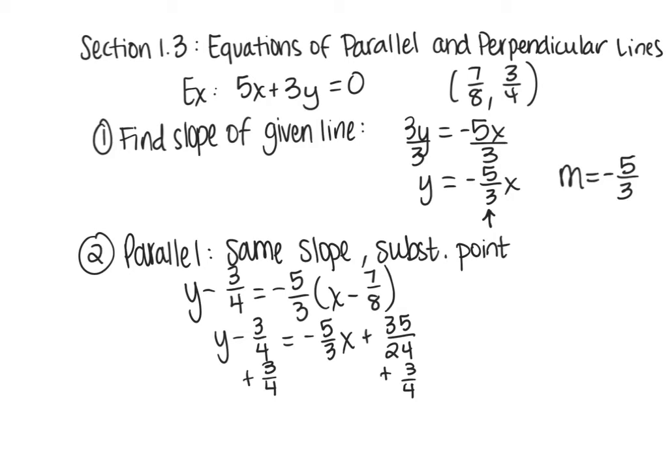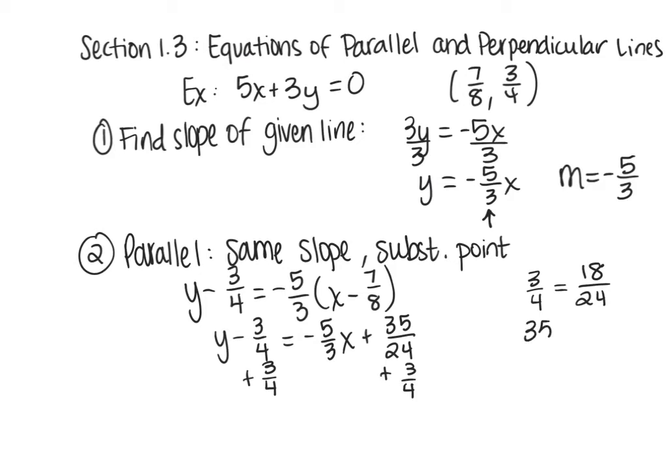And in order to add fractions, they need to have the same denominator. So I'm going to get a common denominator of 24. And so 3/4 is the same thing as 18/24. I get that because if I multiply 4 times 6, I get 24. And then I also need to multiply my numerator 3 times 6.